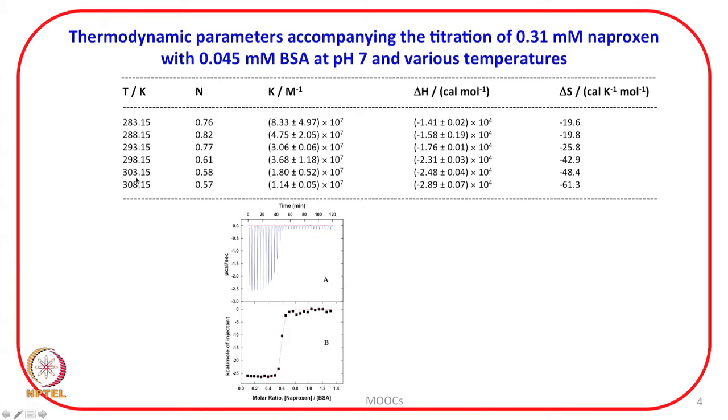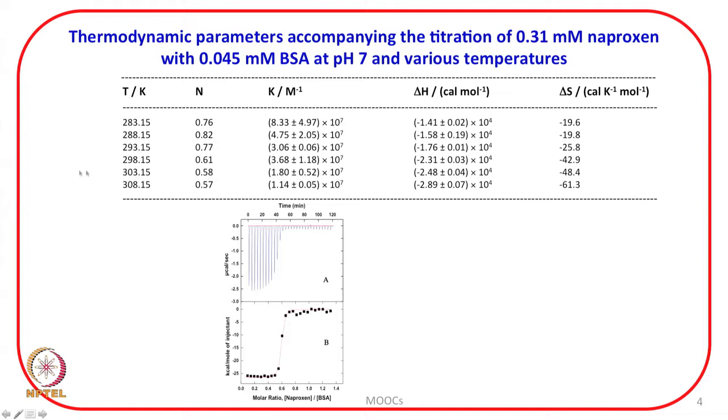Even if one does not take a look at the table to begin with, if one just looks at the shape of the isothermal titration calorimetric output, it is very clear that the binding is highly cooperative and the binding is very tight, because you see the slope here is very high. The binding is very, very tight, and that is what is seen in this table.